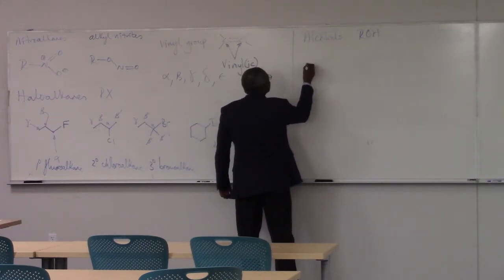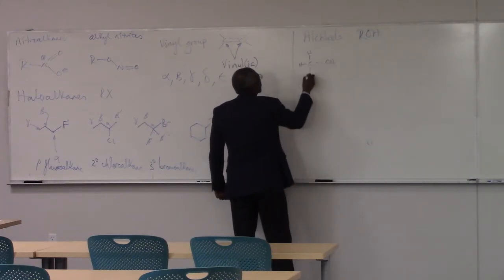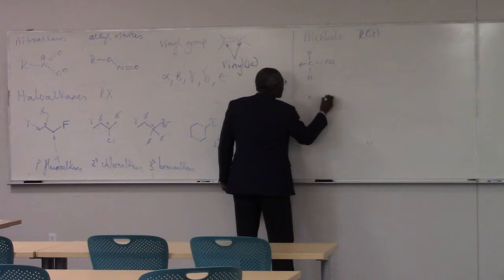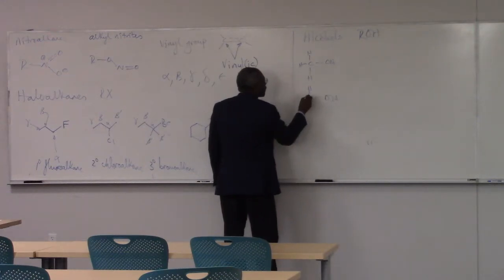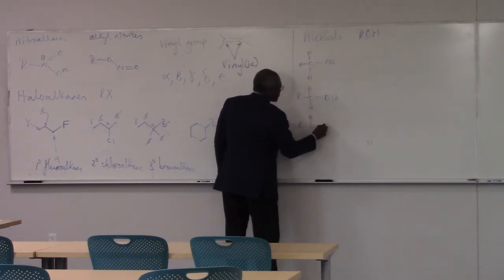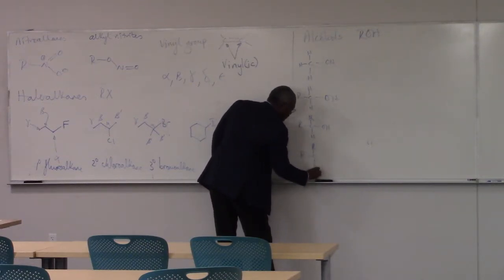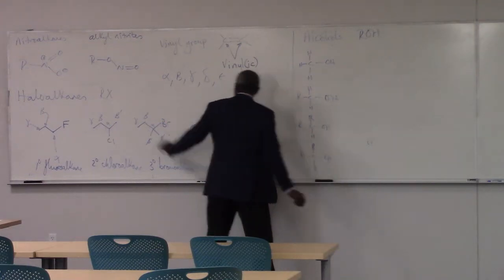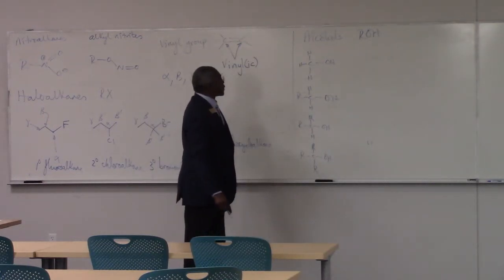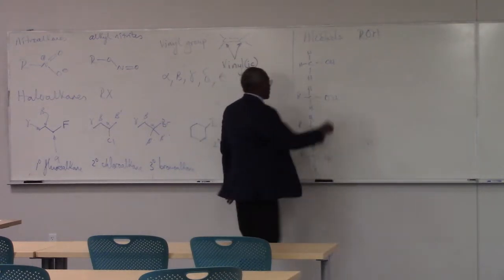So my alcohols fall into four classes. And I could have done the same thing with those. So I have methanol, which is a one-member class. So let's just call this methanol.